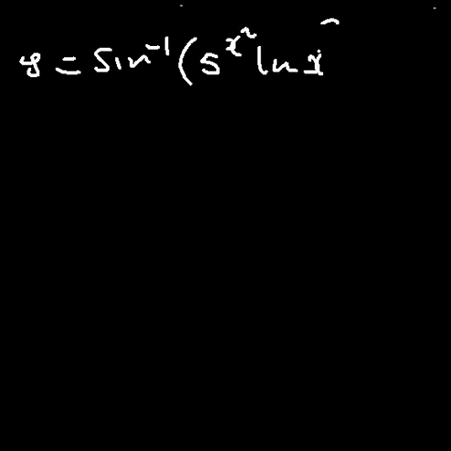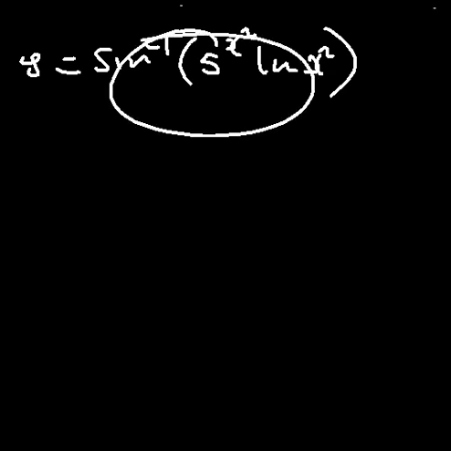Let's say you have y is equal to sine inverse of 5 to the power x squared times the ln x. Let's say we have that case. How should we differentiate that function if that's the case? This is the same case where we have the trigonometric inverse function for sine inverse.